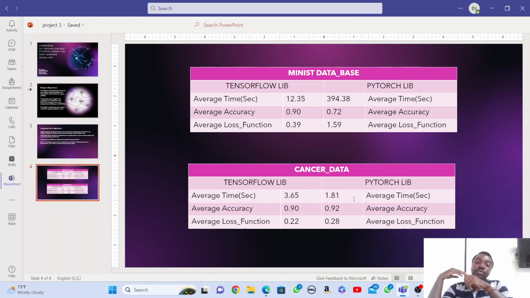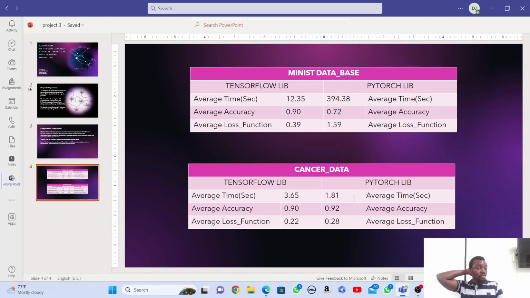But on the other hand, when we tried that for the cancer data set, which was a CSV file, we noticed that PyTorch actually did very well, and it did better than the TensorFlow model. It took lesser time, and it had a higher accuracy. Although the loss functions were almost on the same plane, the PyTorch model really did well with the CSV file in comparison to how it performed when we gave it an image file.